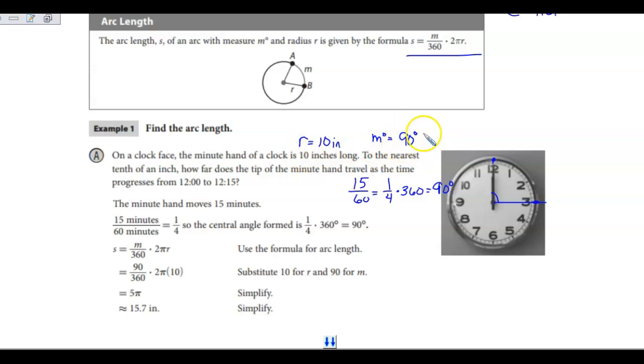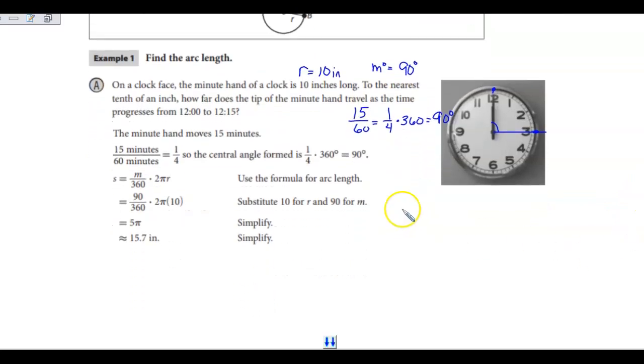So I'll do it over here off to the side. We are going to find our S by taking our 90 over 360 times 2 times the pi button times our radius, which is 10.